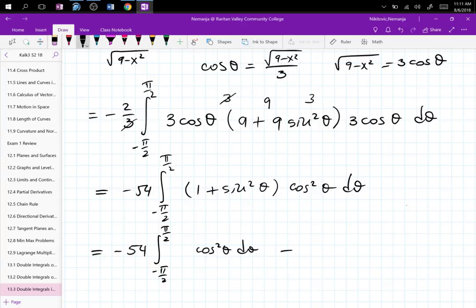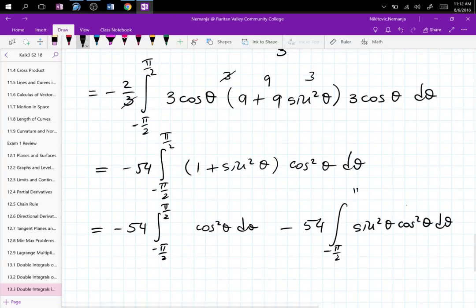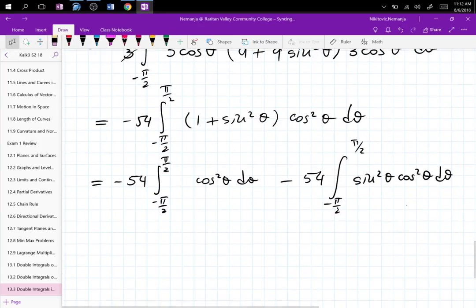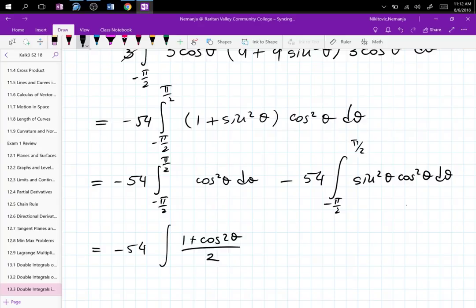For the second integral we have sine squared theta cosine squared theta d theta. We can actually pull this into a sine 2 theta, and then nice. Okay, good. The only way to integrate cosine squared is to have it as 1 plus cosine 2 theta over 2. Integrated, that's not a problem.